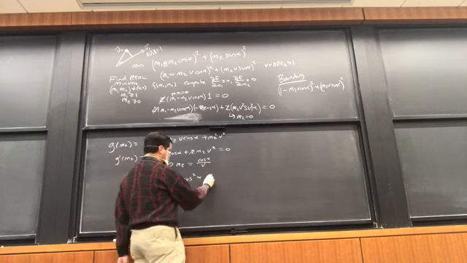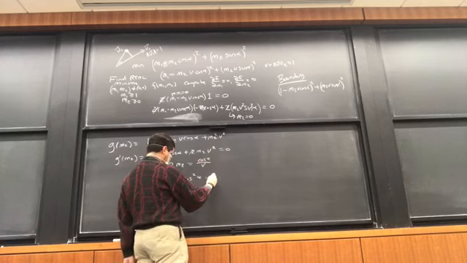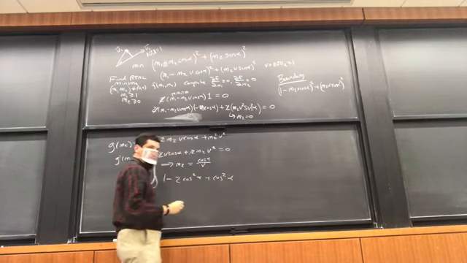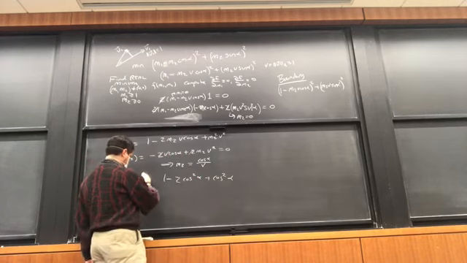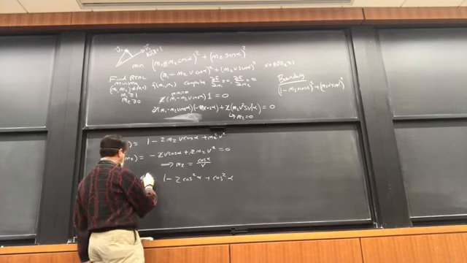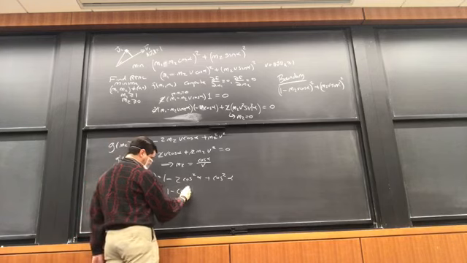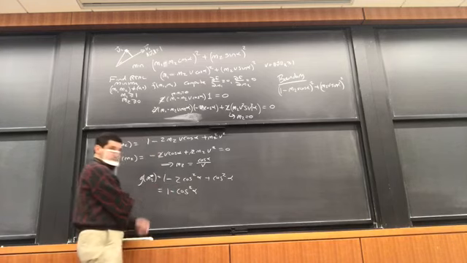Then the v squared cancels, and we'll get plus cosine squared alpha. And so then that would just be 1 minus cosine squared alpha.